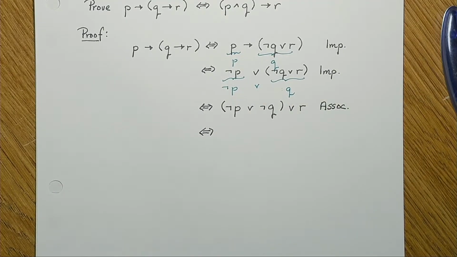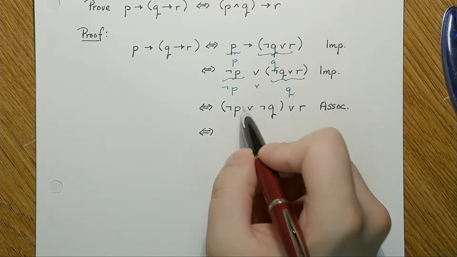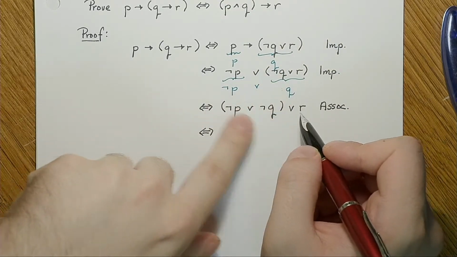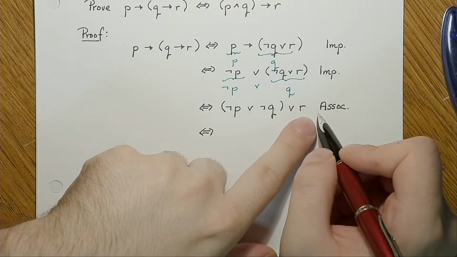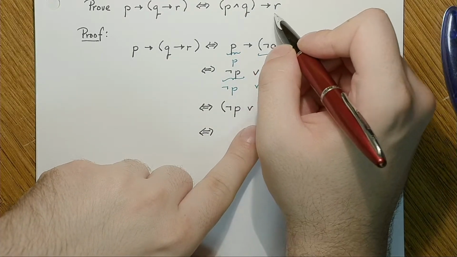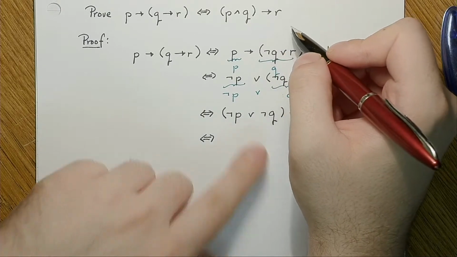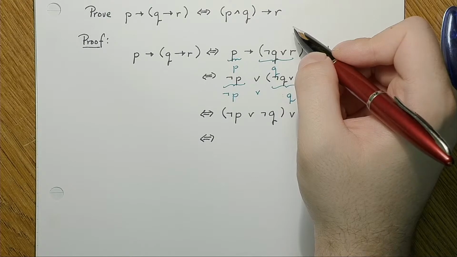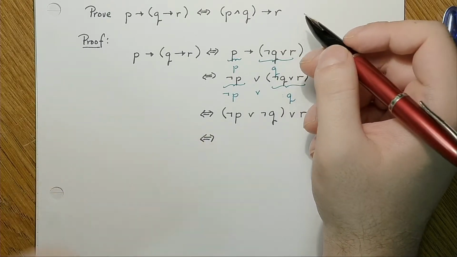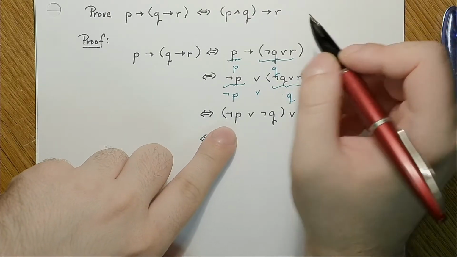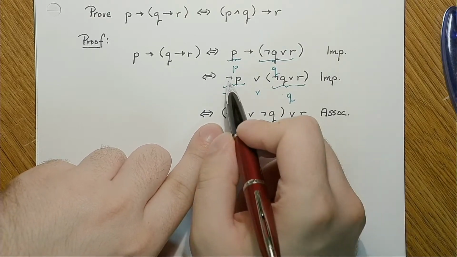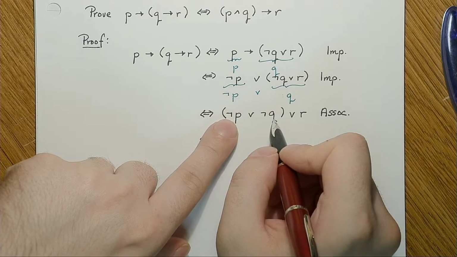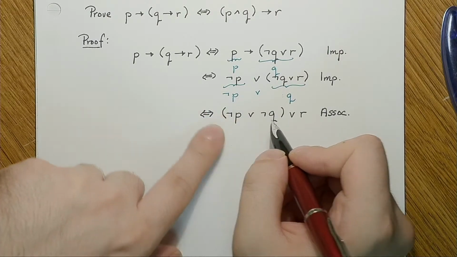And what I need to do is I need to convert this part here into an implication. What I'm going to do though, because I don't have a negative in front here, I'm going to do the De Morgan's law again, so I can pull out those negatives.